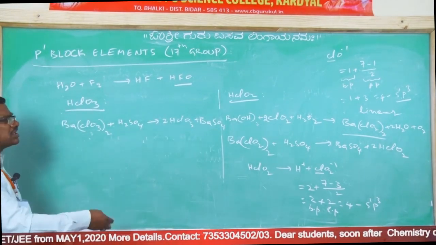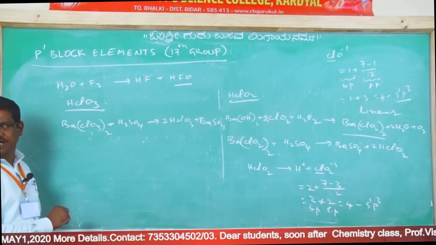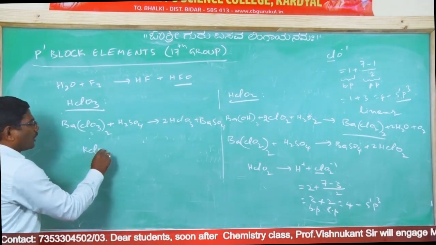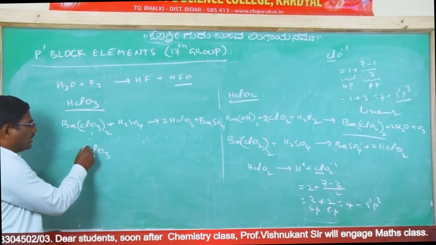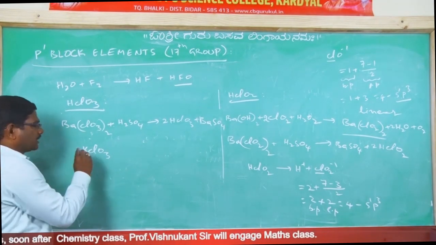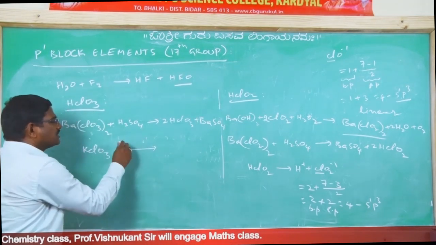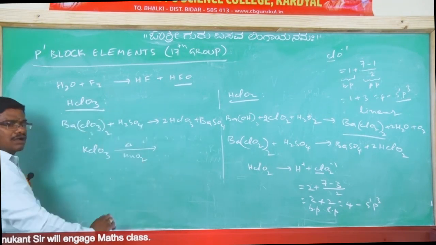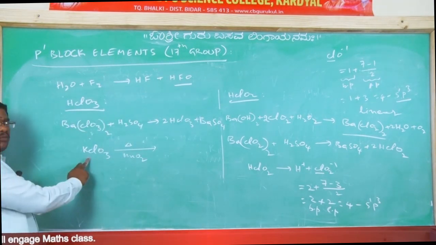Right? So if we consider salts of chloric acid, suppose potassium chlorate, it is a familiar example. Many times we discussed it by taking an example. This on heating in presence of manganese dioxide undergoes decomposition.